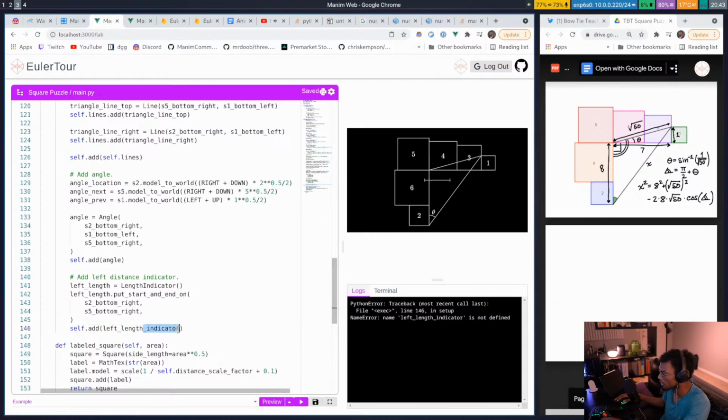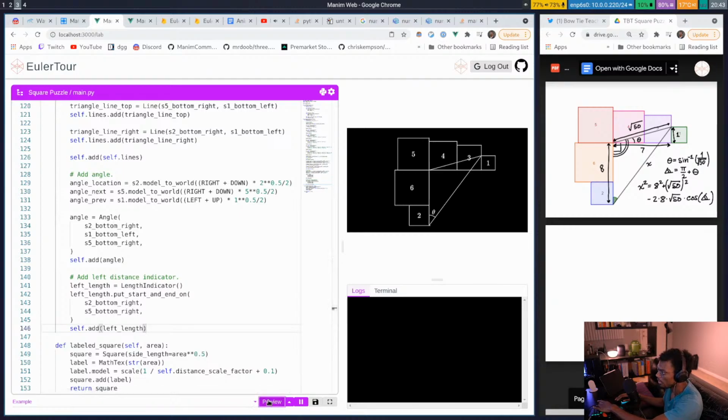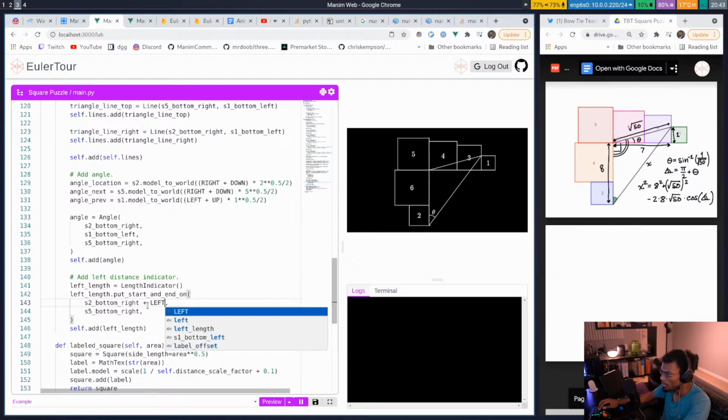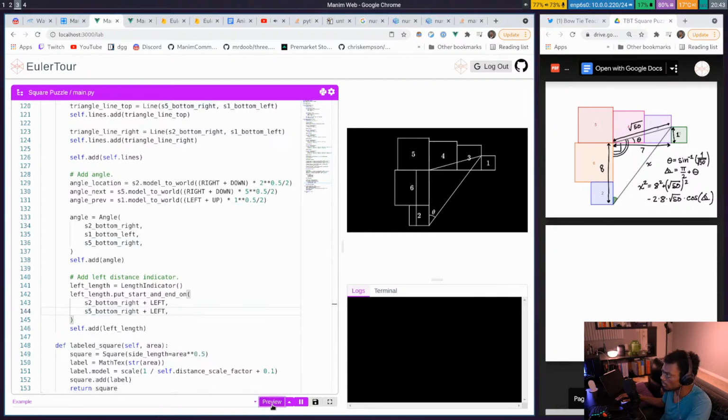Now left length. Wait, how long was that error there? Okay, I guess it was fine. Plus left. And here also plus left. Left times less than that. It's like 0.1. 0.1 times left, like so. It needs to be larger.